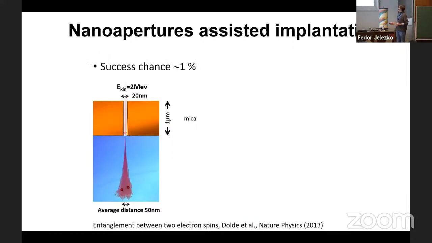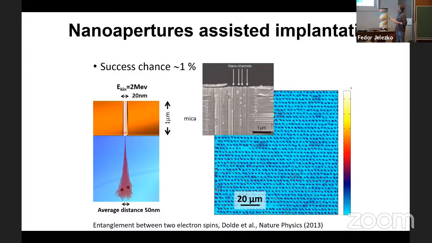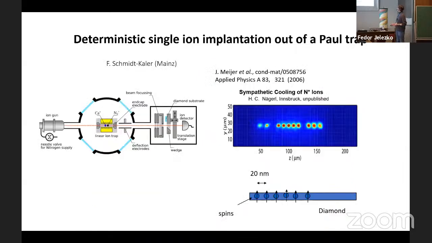One demonstration was done using a very thick mask and a very small hole made out of mica, and so NV centers have been created in arrays with many copies of registers, and because the conversion was not always 100%, you had to go through many of these registers, find two that are coupled, and then study the strength of the coupling. So that's basically the current status of this research.